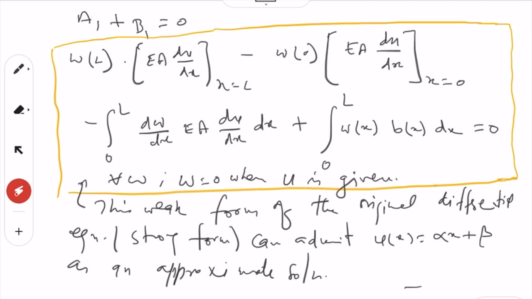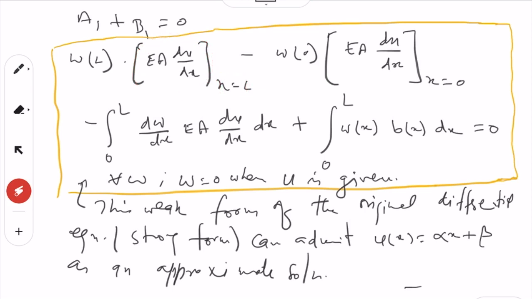What you see is W(L). We do not know what that is, but we can put it in terms of W equal to Cx plus D, so W(L) will be CL plus D. Now EA is nothing but E naught A naught, and EA times du over dx is force, and force at x equal to L is 0, we know that.